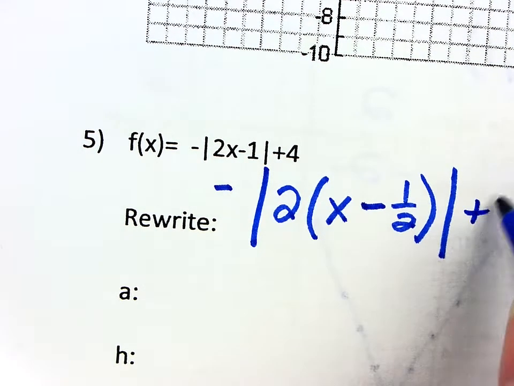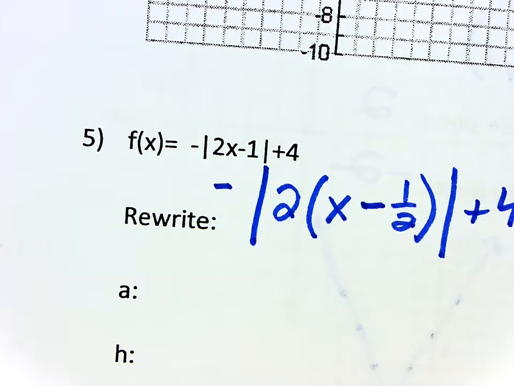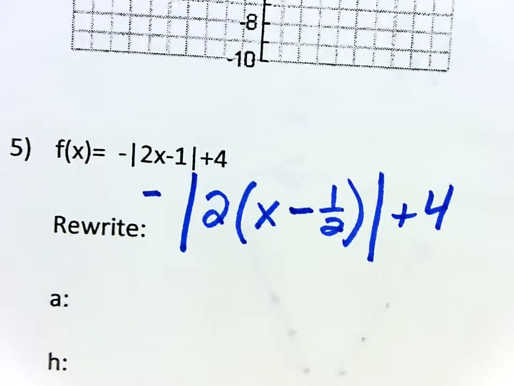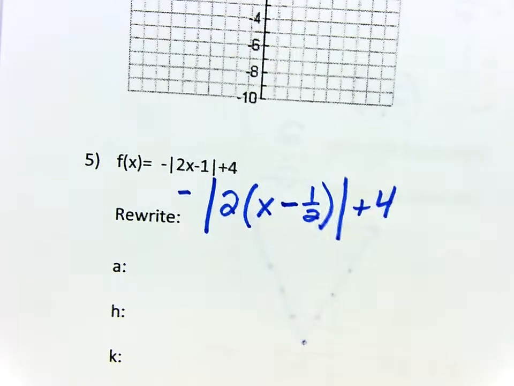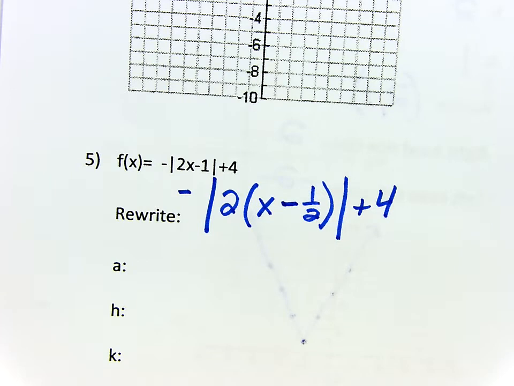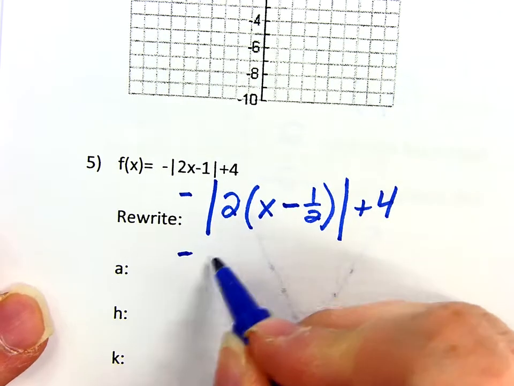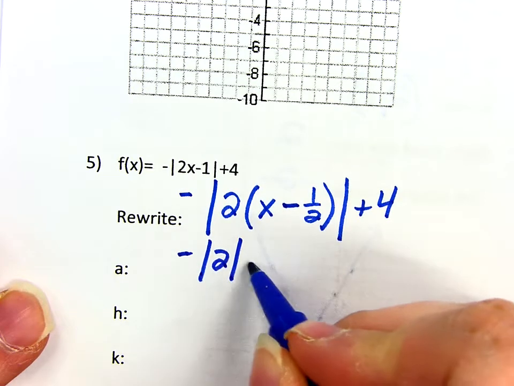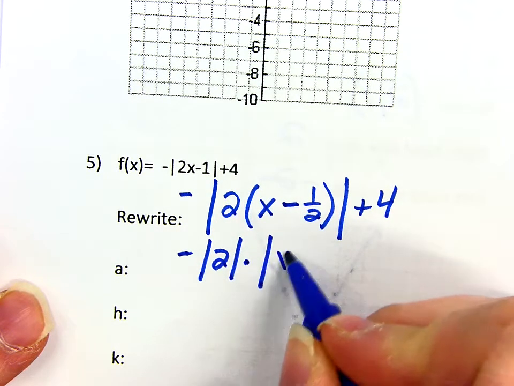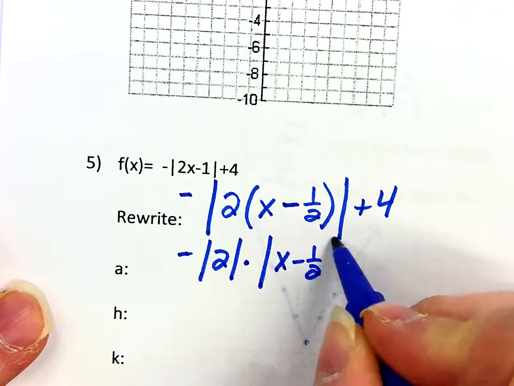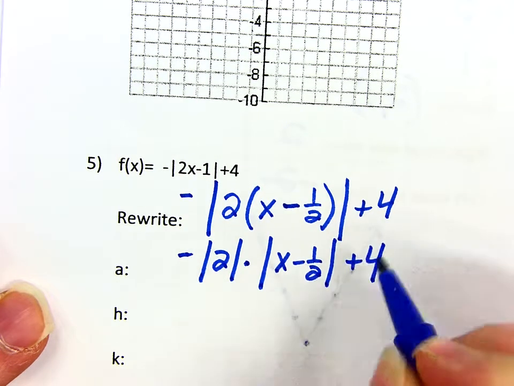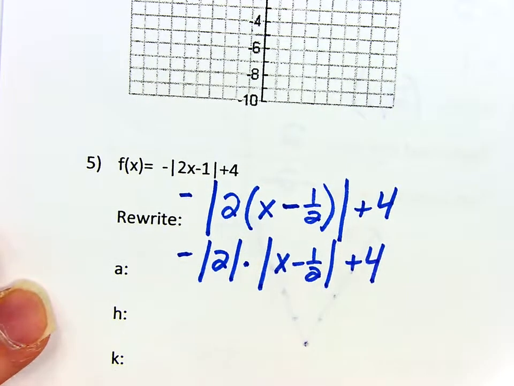And then I still have this plus 4 on the end. And then I'm still going to use that idea of breaking up my absolute value. So again, this negative is sort of just hanging out in front. So I have negative the absolute value of 2 times the absolute value of x minus a half, plus 4.